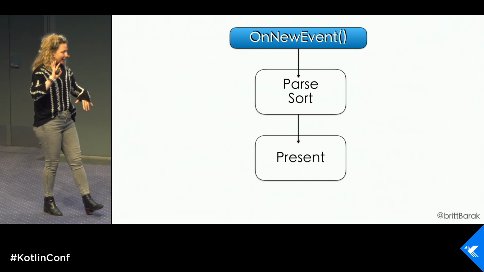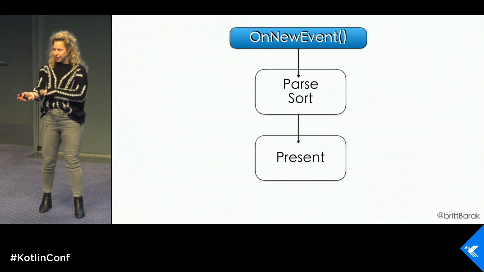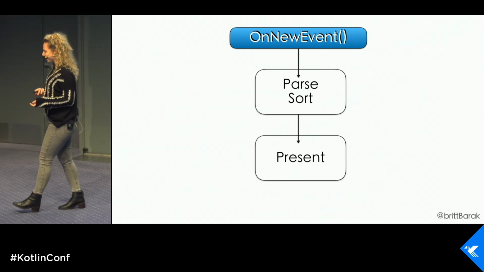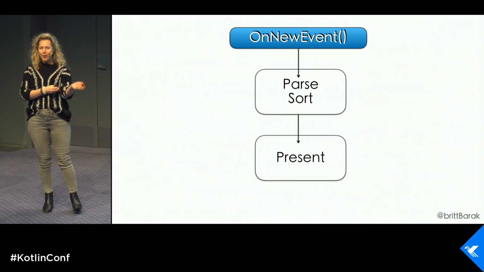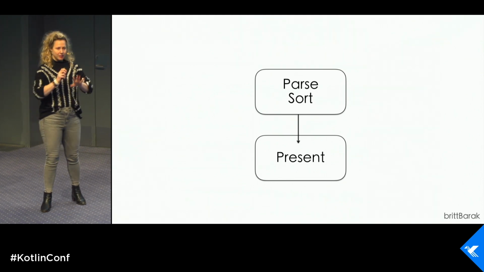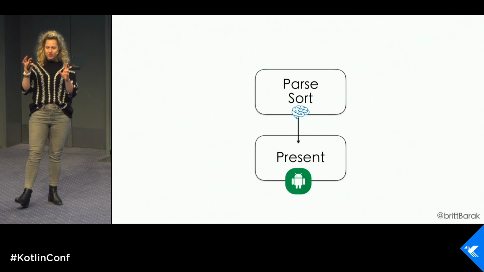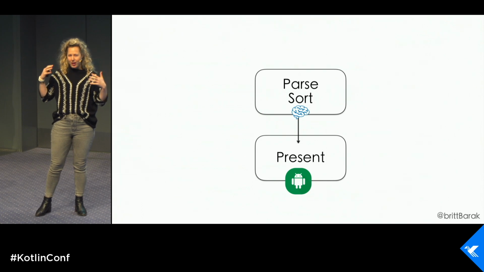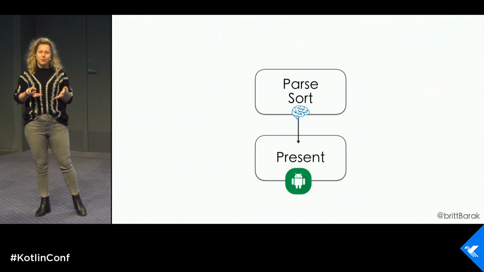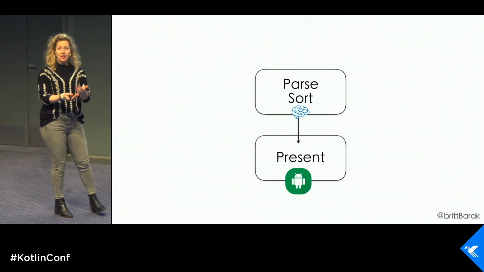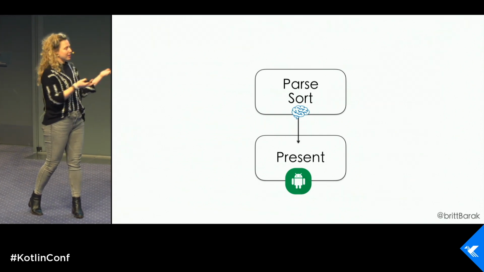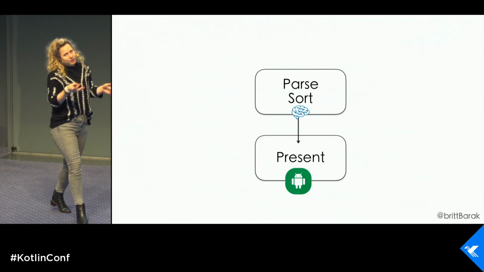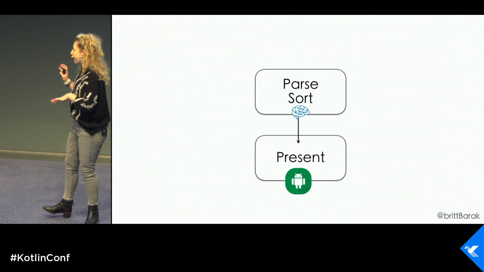So if I think a little bit about the architecture of my app, I know all of you do as well, then I would probably want to separate the logic, so in this case, the parsing and the sorting, which is kind of the brain, and doesn't really need to have platform-specific code, from the presentation, which, if I'm talking in this case about Android, has to be Android-specific code, like the views and so on.